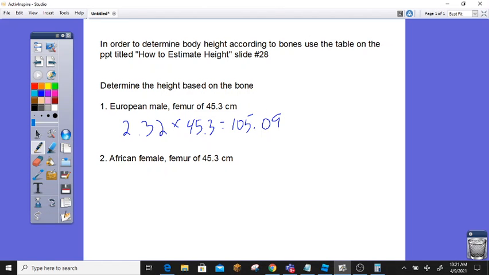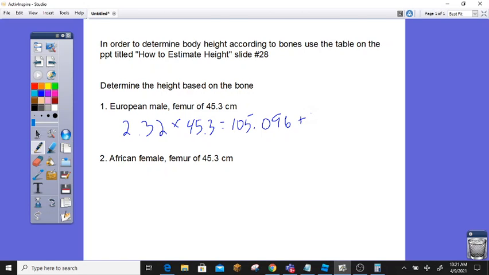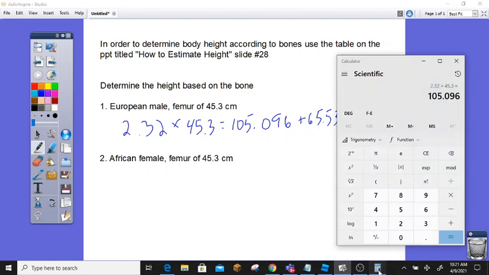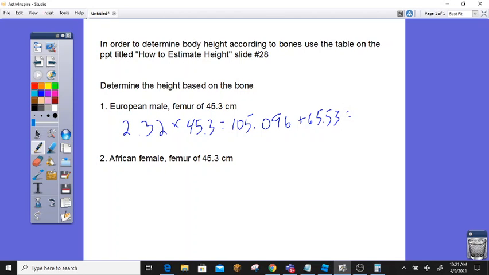So now we're going to add 65.53. We're going to hit plus 65.53, and we get 170.62.